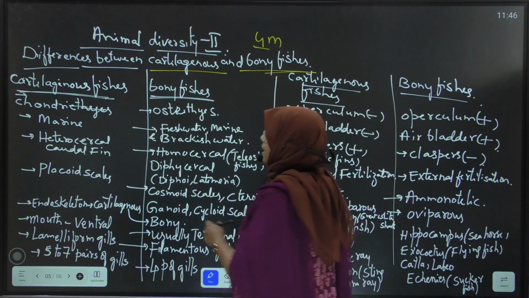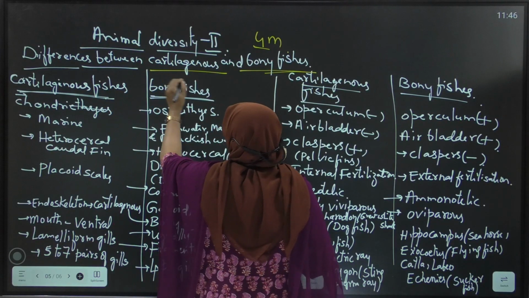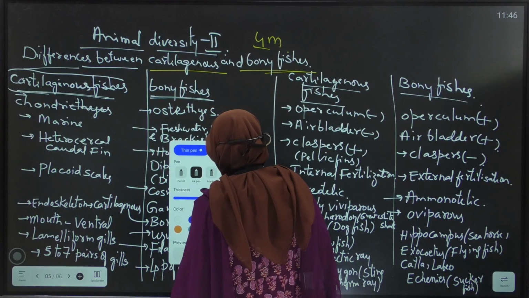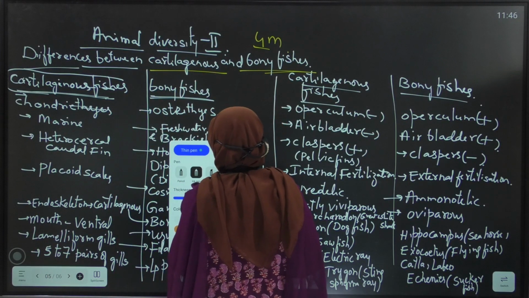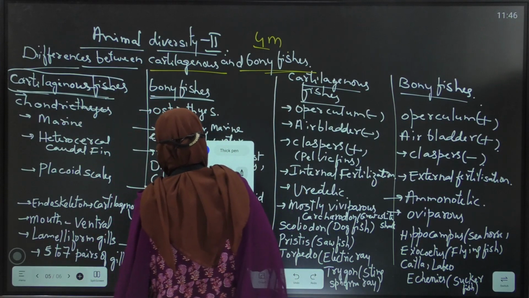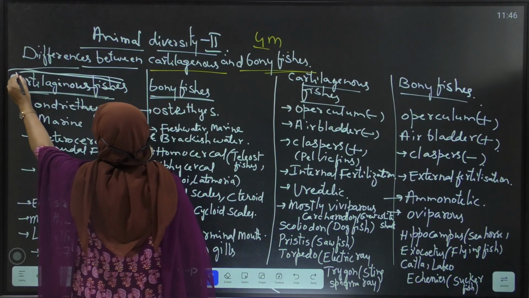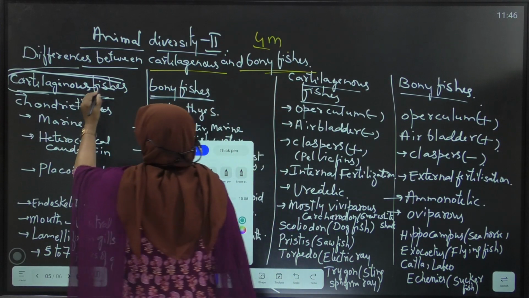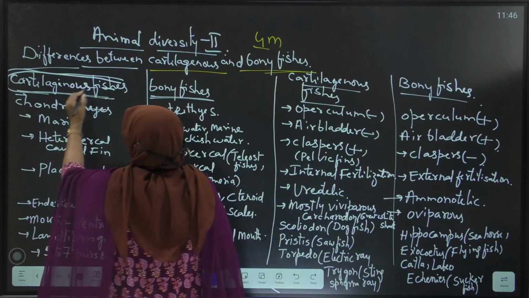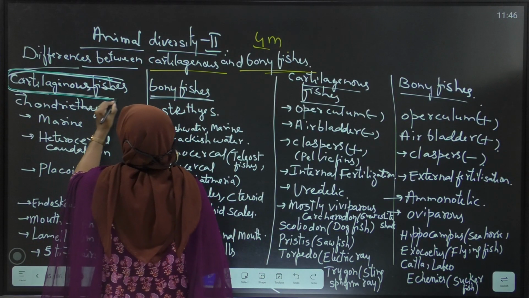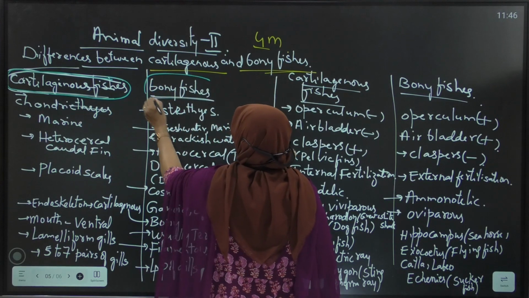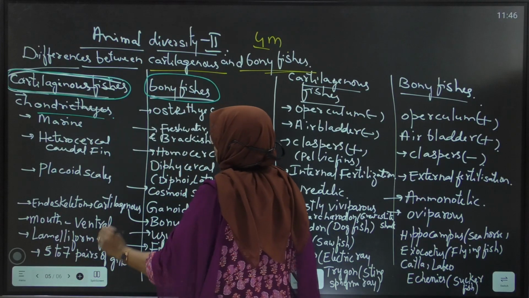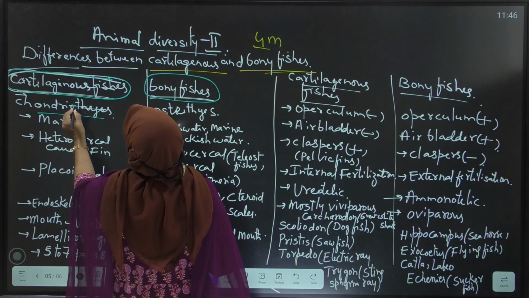Now we will discuss the differences between cartilaginous and bony fishes. Cartilaginous fishes are included in Chondrichthyes.